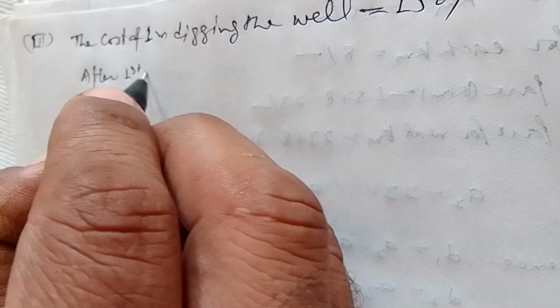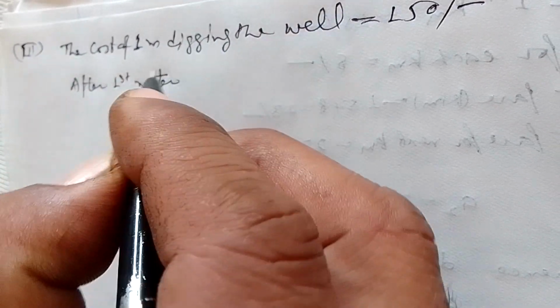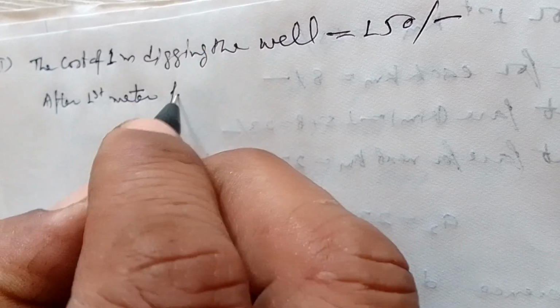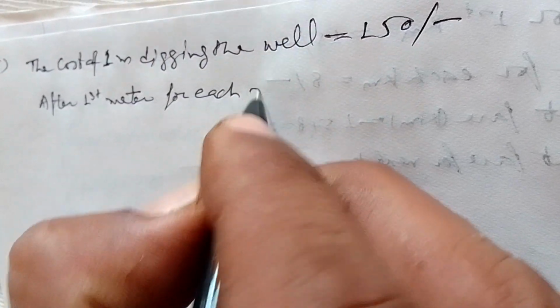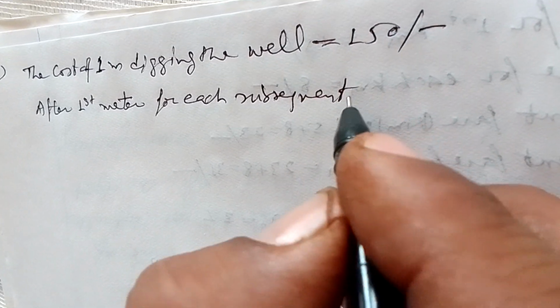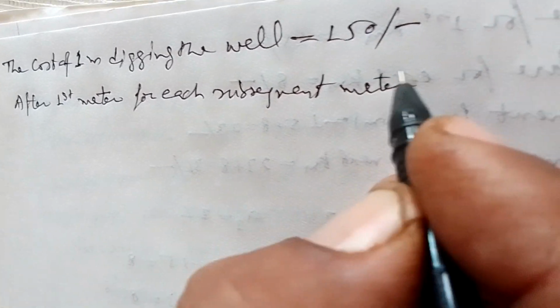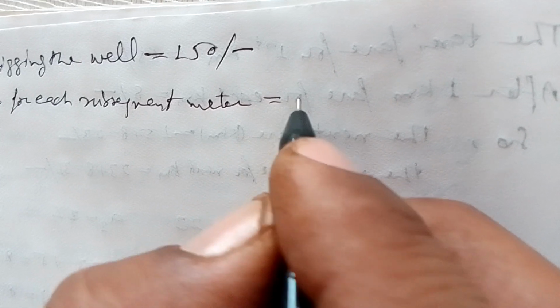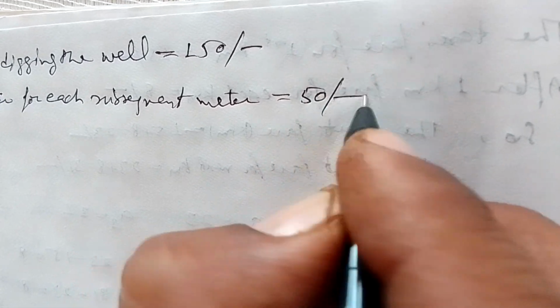Then after the first meter, for each subsequent meter, the cost of digging is 50 rupees.